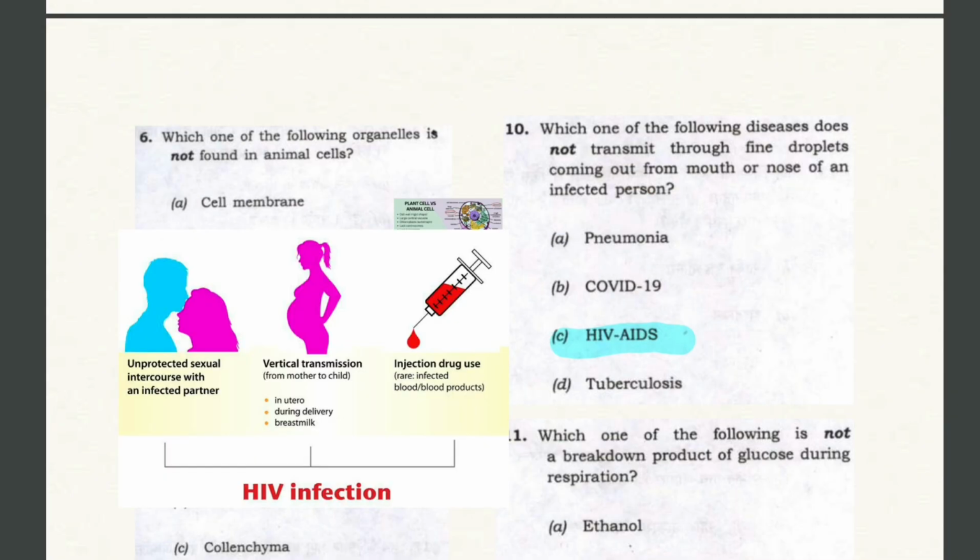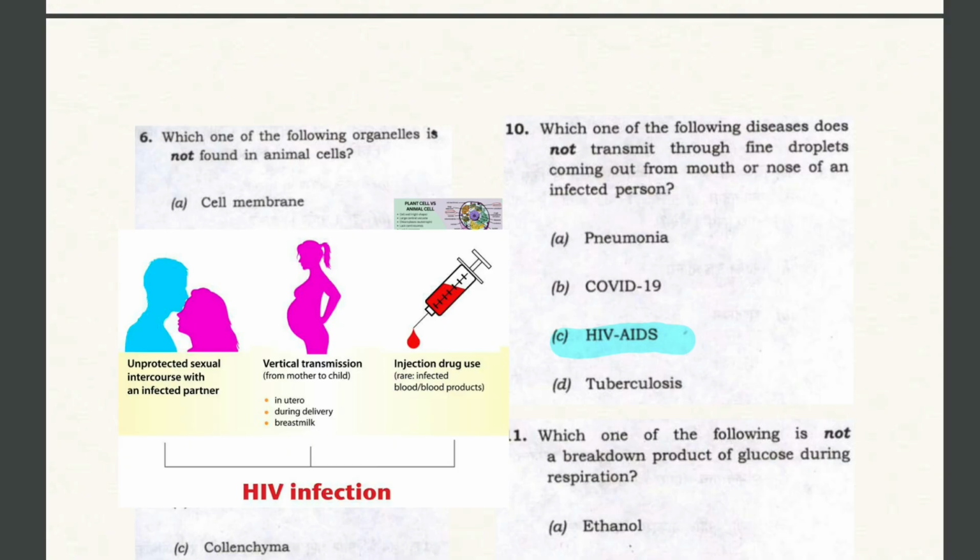Which one of the following diseases does not transmit through fine droplets coming out from mouth or nose of an infected person? So the correct answer would be HIV, AIDS, whereas pneumonia, COVID-19 and tuberculosis, which is a bacterial disease, also transmit through fine droplets.